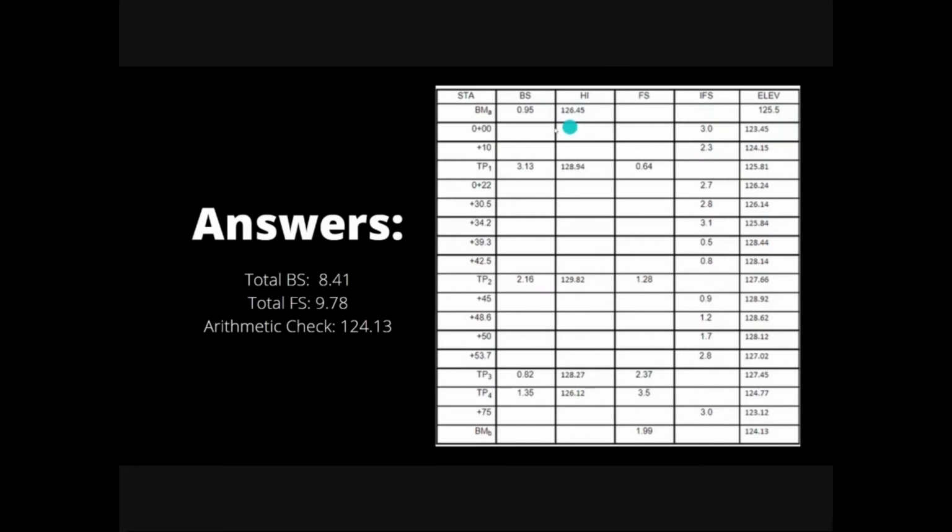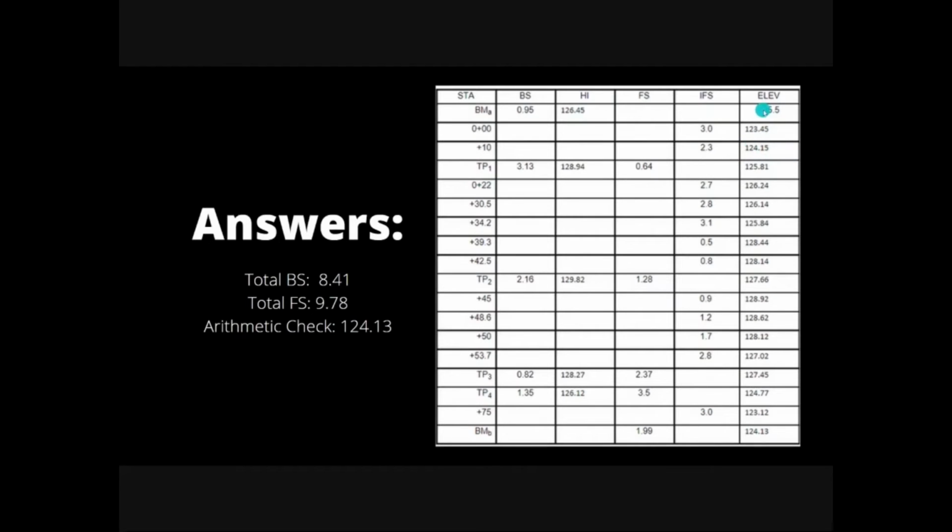So for the next station, station plus 10, since there's no new bauxite reading, we have to use this value again. So 126.45 minus 2.3, we will get this value, 124.15.